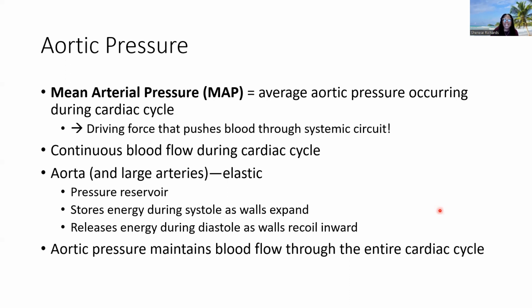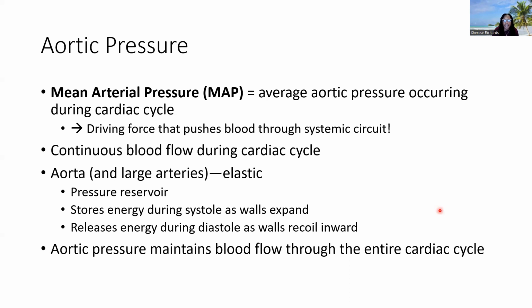And so that's going to help maintain the average driving force, or the circulatory force with which blood is leaving our ventricle. Okay, so we can store some of that recoil energy in the elastic walls of the aorta, and then we can release that energy the same way you would release an elastic band, and that recoil will help to push or propel the blood forward and maintain that driving force throughout the entire cardiac cycle.